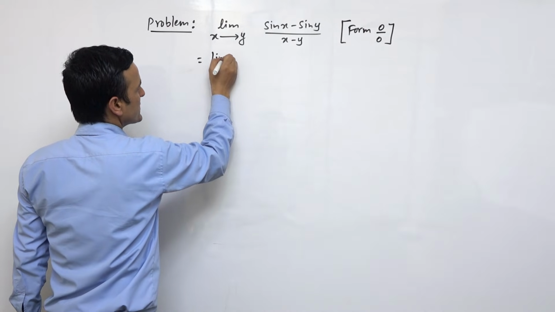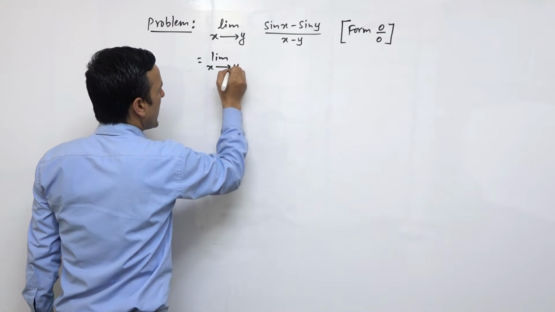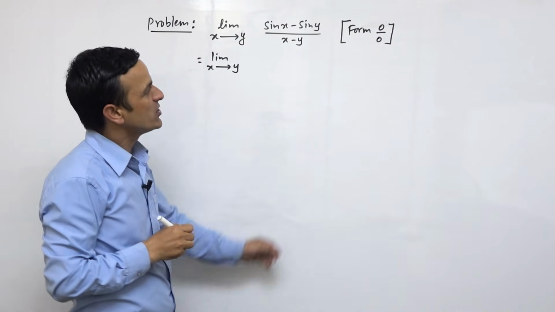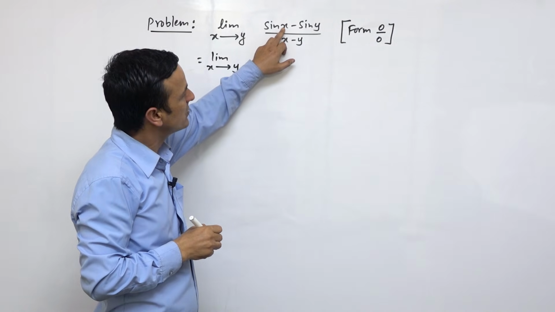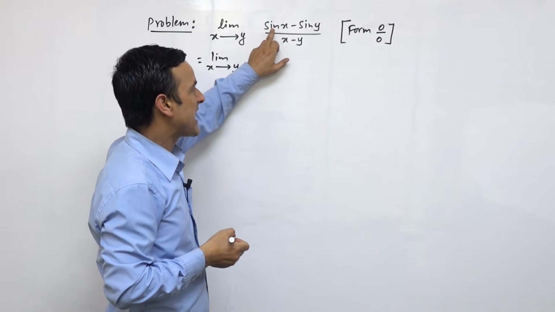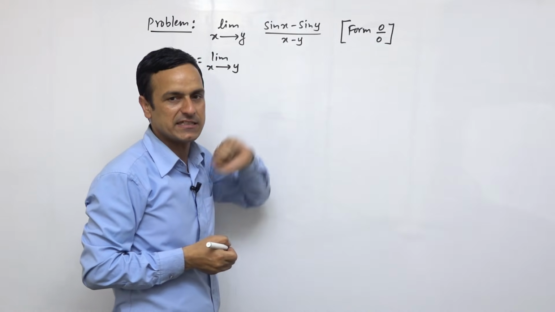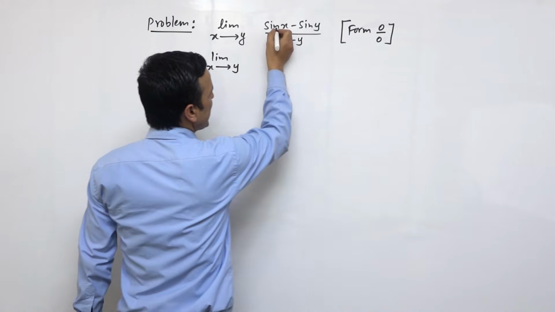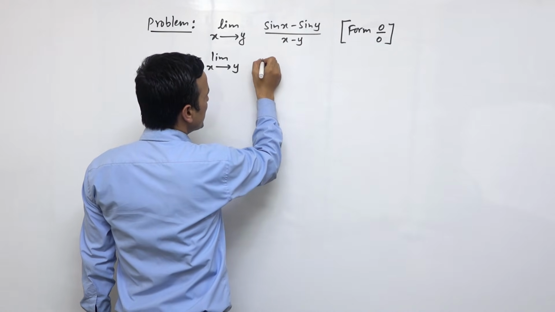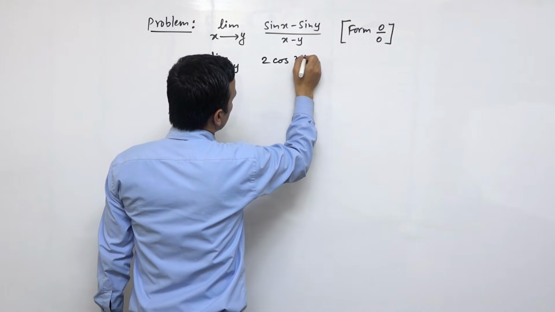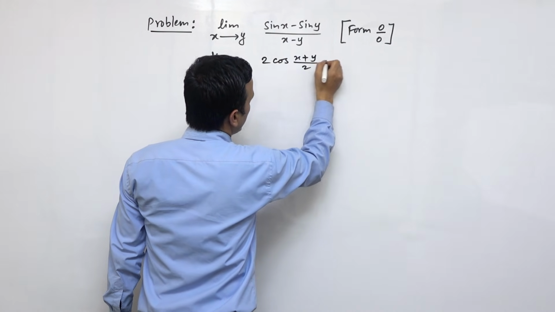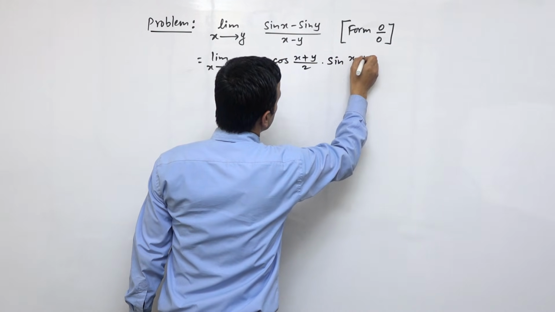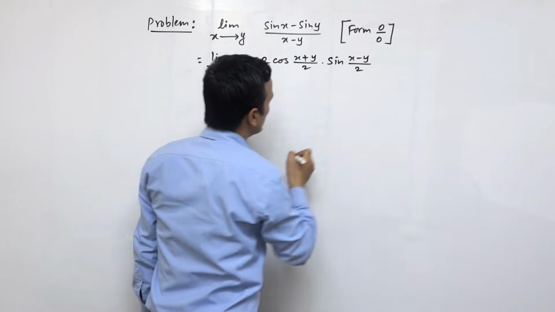Now look, x tends to y. In this case we can use the trigonometric relation, sin c minus sin d. The formula of sin c minus sin d is 2 cos of x plus y divided by 2, and sin of x minus y by 2.